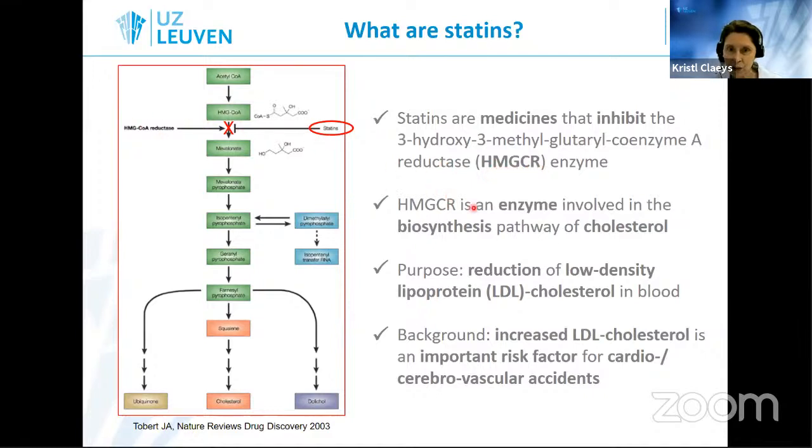This HMG-CR is an enzyme that is involved in the biosynthesis of cholesterol. The purpose of taking statins is that they reduce the low-density lipoprotein, LDL, cholesterol in the blood. And the background, so why it is given, is because an increased LDL cholesterol is an important risk factor for cardiovascular and cerebrovascular accidents.